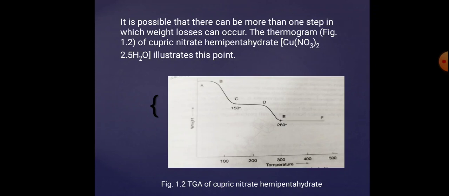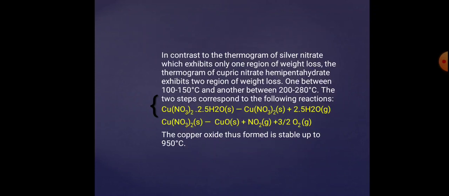So let's check it out. In this case 2 reactions have happened. Up to 100 degrees Celsius, when A to B is considered, there is no change. The Cu(NO3)2·2.5H2O in solid phase remains constant, and no reaction occurs.